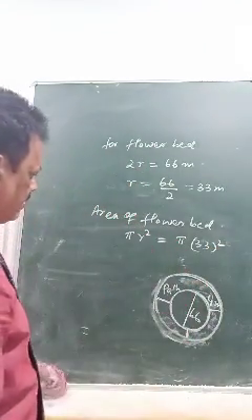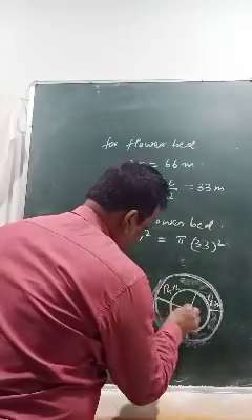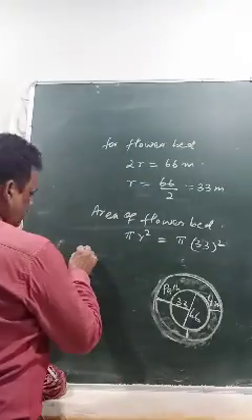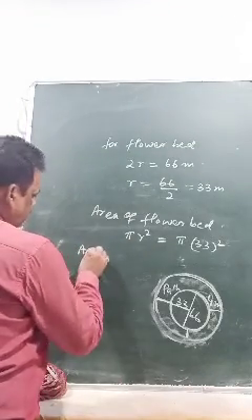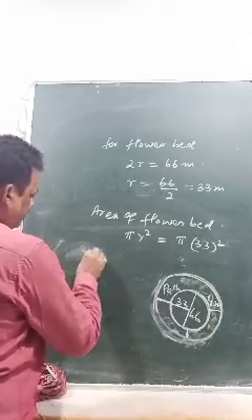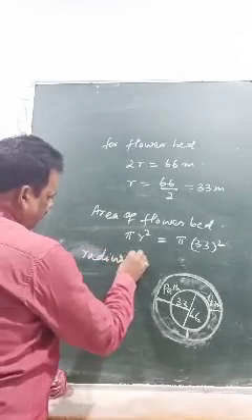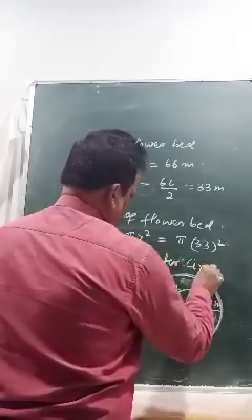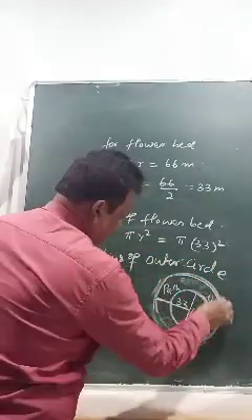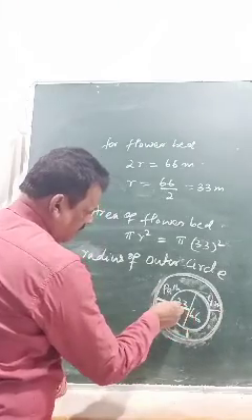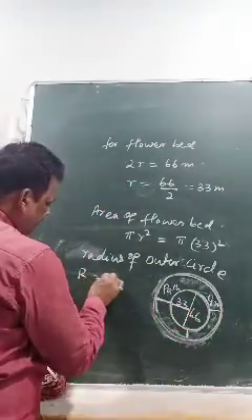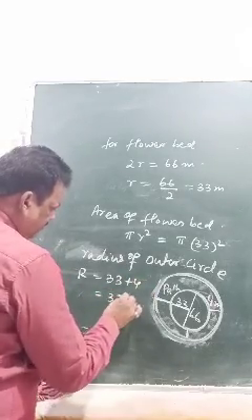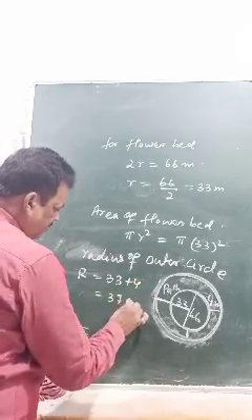Then you come. If this is 33, then this is 4. Then radius of outer circle. Radius of this circle. This is 33 plus 4. R is 33 plus 4, 37 meter.